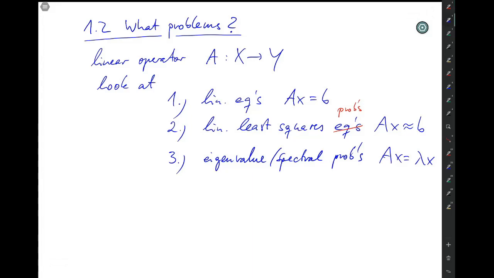So X and Y are vector spaces. We all know from linear algebra 1 or 2 what a vector space is, and we will recall that in chapter 2. What is a linear operator A? Maybe we should say that now.